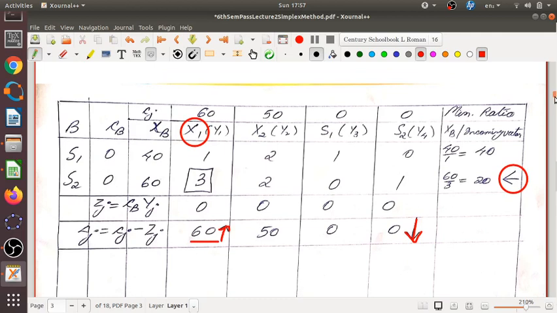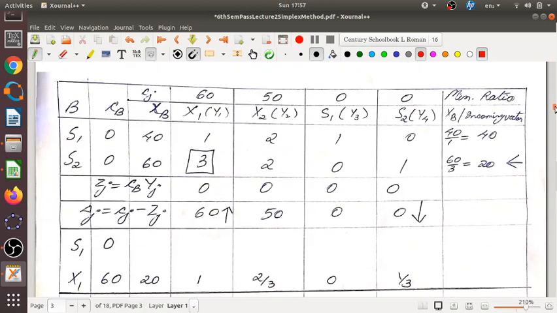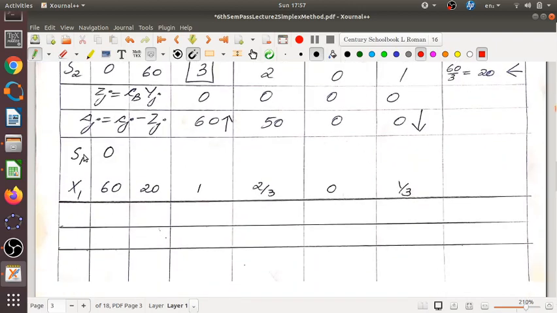What is the next part of the table? When you write in your copy, you have to write it inside a single table. The first part we have done here. In the second part, s2 will leave the basis and x1 will enter the basis, in the position of s2. The cost of s1 is 0, the cost of x1 is 60.